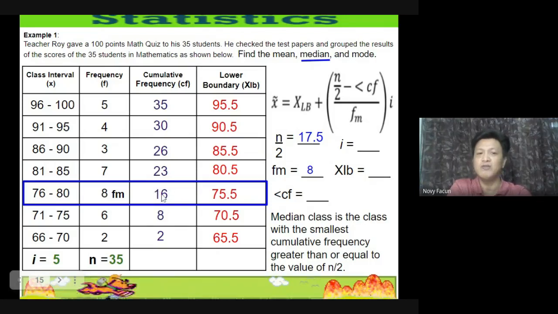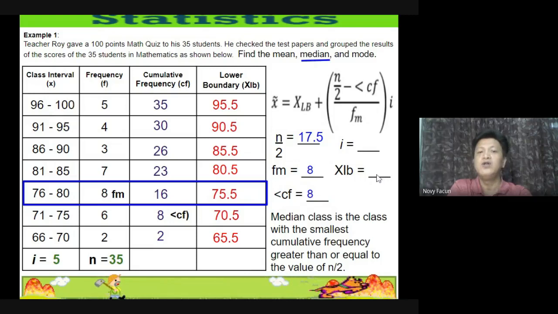Yun yung less than cumulative frequency. So, yan yun, 8. Kaya that is our value for the less than cumulative frequency. Always remember, nasa ibaba lang siya lagi ng ating magiging less than cumulative frequency kung saan nandun po yung ating class interval.